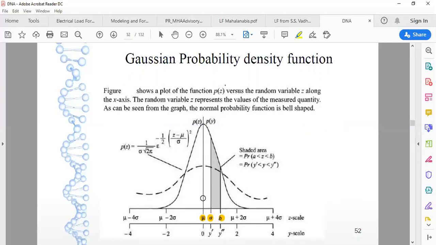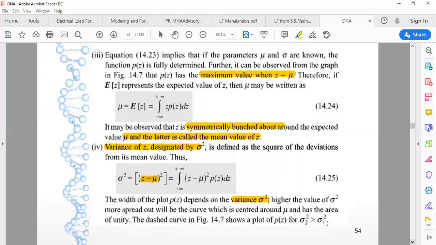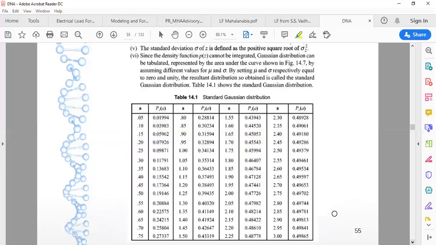From this curve, we can also judge the accuracy class. By using these two curves, we can easily tell that the accuracy class of this will be lower compared to a straight line curve. As the standard deviation is lesser, the accuracy offered by a meter will be larger. It can be easily predicted by using that curve.